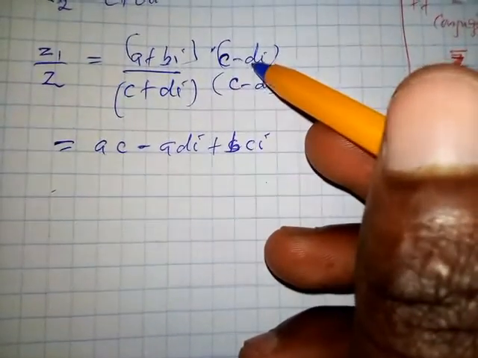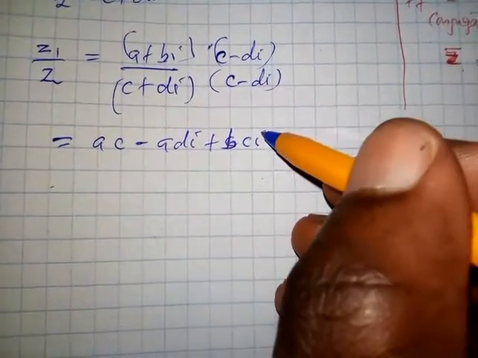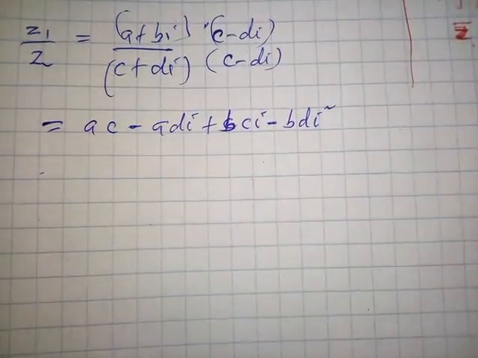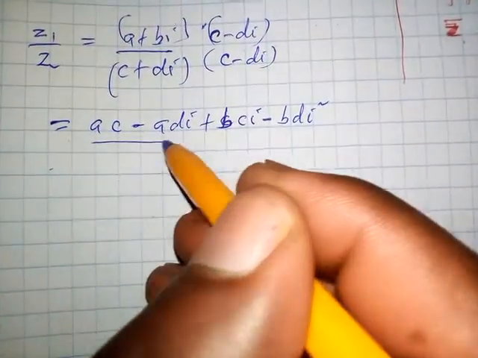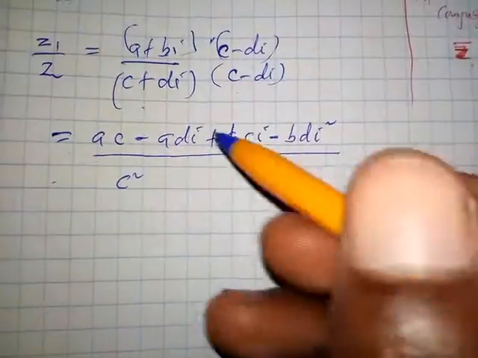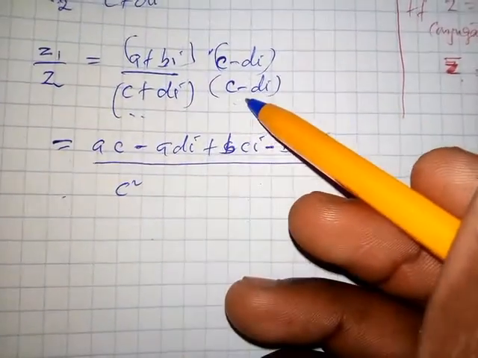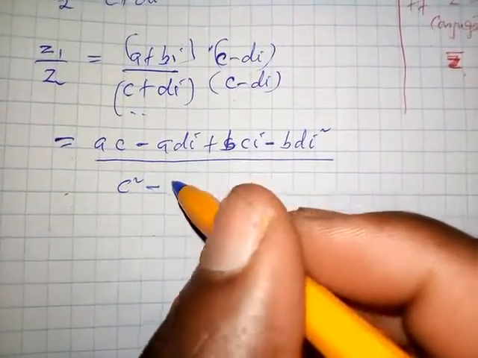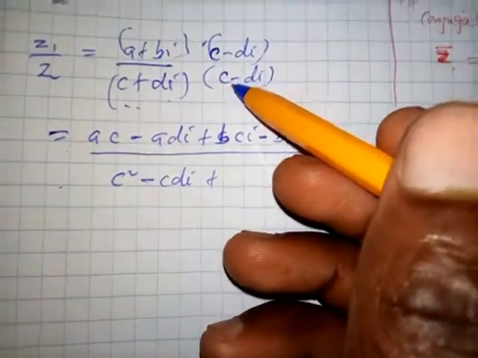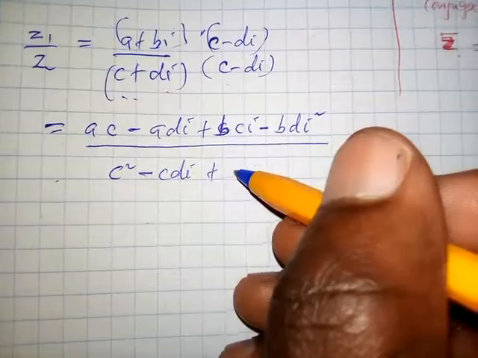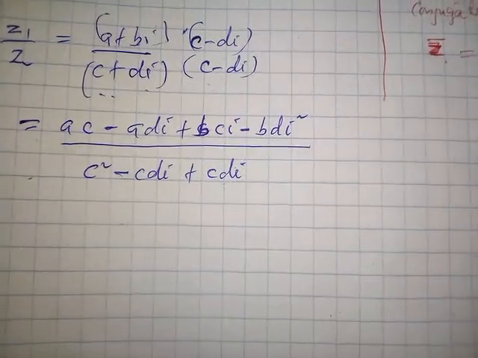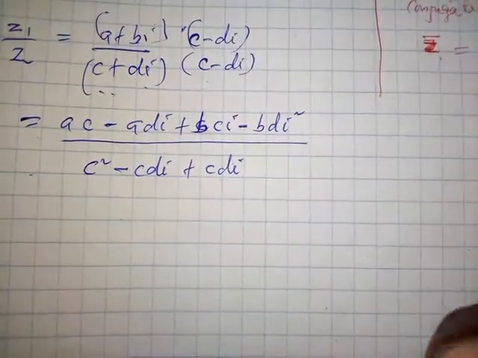Then bi times negative di is minus bdi squared, over c times c is c squared, c times negative di is negative cdi, plus di times c is cdi, or dci, no problem.